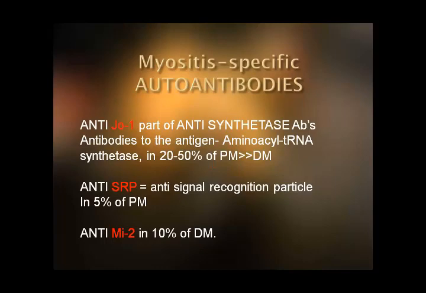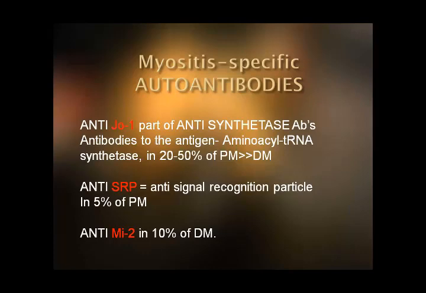So the more specific autoantibodies seen in patients with polymyositis are anti-Jo, anti-SRP, and anti-Mi2 antibodies.